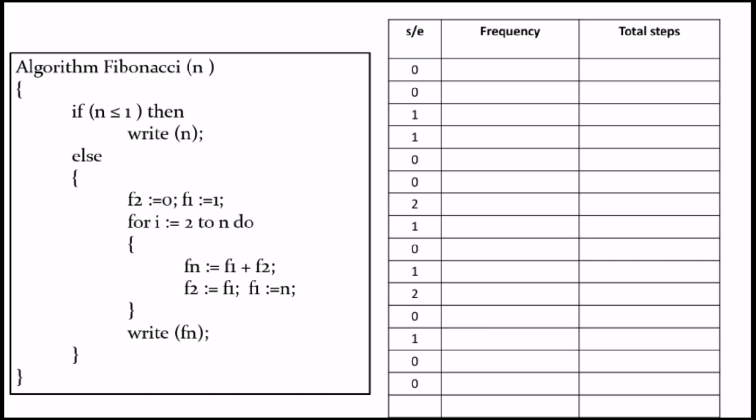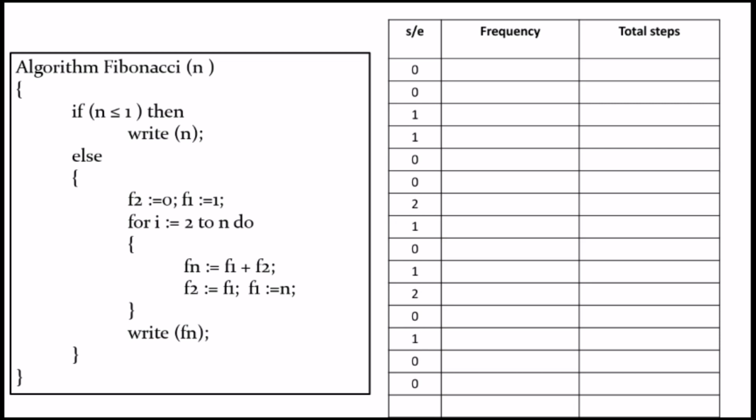In the next line again we are executing two statements in a single line, that is f2 equal to f1 and f1 equal to fn. So there are two statements, so the number of steps will be 2. Then the closing flower bracket of the for loop will be 0. Next, write fn. So this is one step. Next, there are two closing flower brackets, so it will be considered as 0.